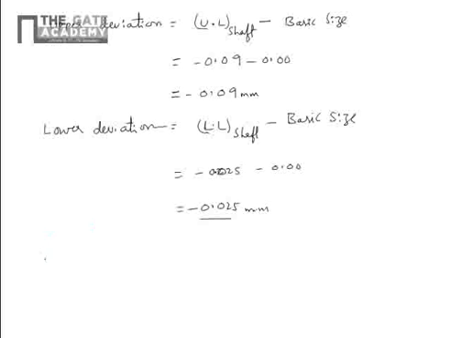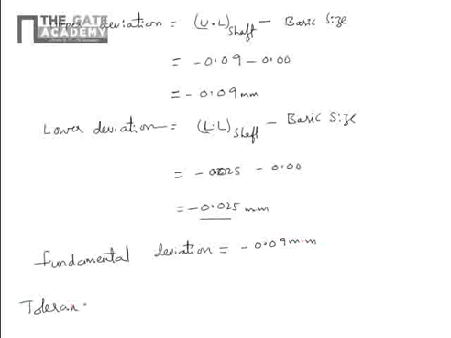So fundamental deviation is whichever is minimum out of these, equal to minus 0.09 mm, which is the upper deviation.